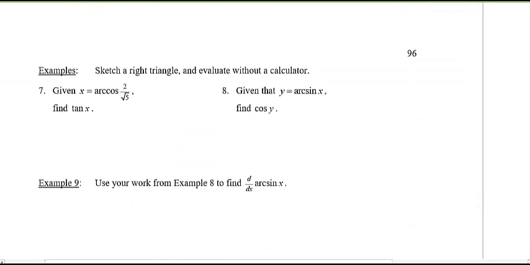Number 7 and 8 are going to help you with number 9, which is really what we're going to be focusing on, because this is a calculus course, so we really want to find some derivatives. But before we do that, let's see if you can actually answer questions 7 and 8.